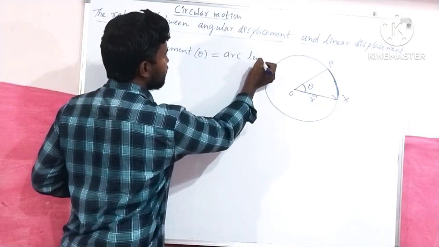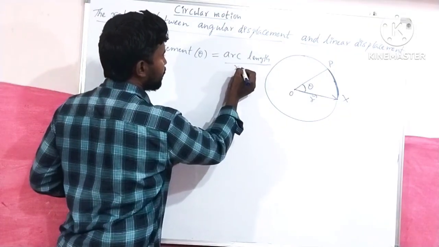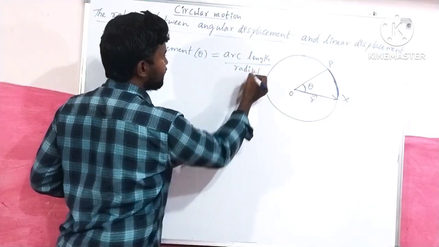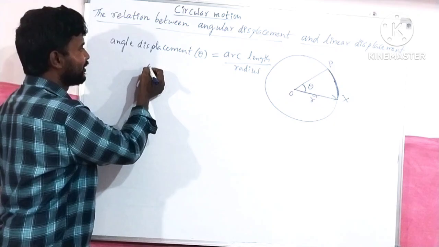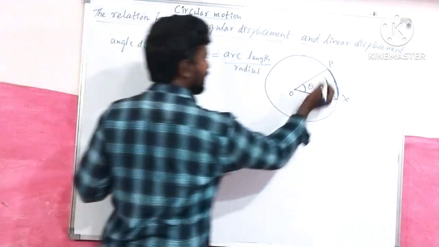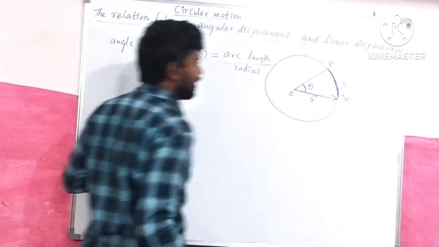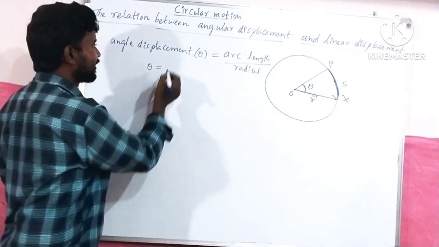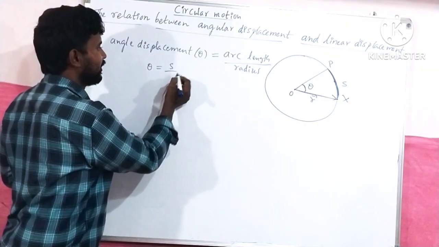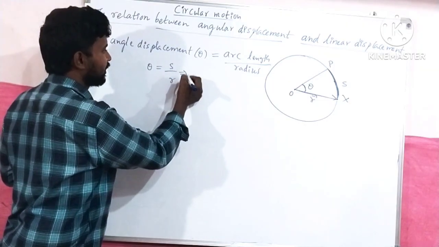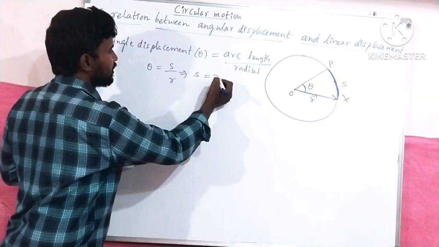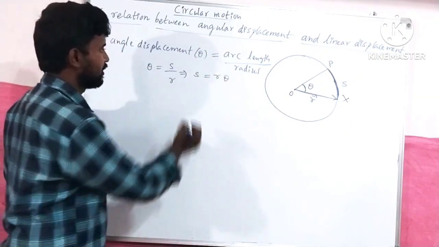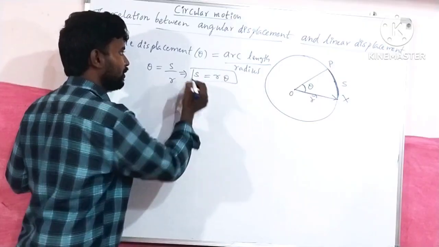Here theta equals arc length s divided by radius r. S is the arc length. So linear displacement s equals r theta.